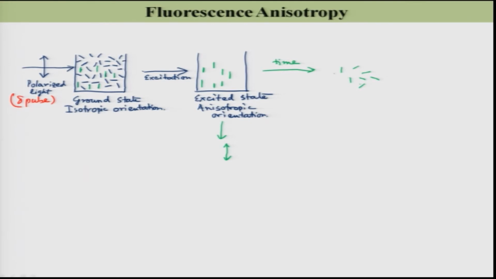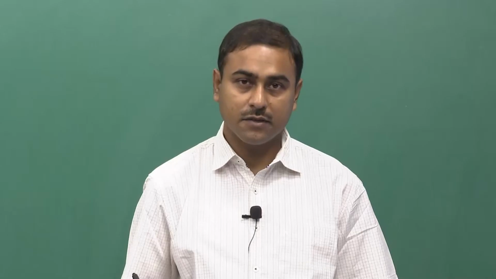So, in this case the contribution of the vertical emission is reduced because only these two molecules are now present, and you also get this type of emission, and this type of emission, and so on. In other words, there will be some contribution in the horizontally polarized emission.